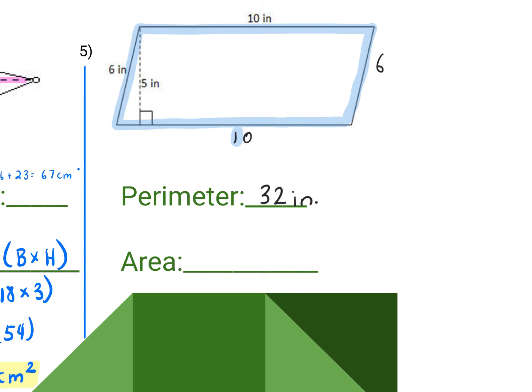Now to find the area, where do the base and the height intersect to form a right angle? So what's your base and what's your height? 10 and 5. Yeah, 10 times 5 there. So what would our area be? 50 inches squared. Good.